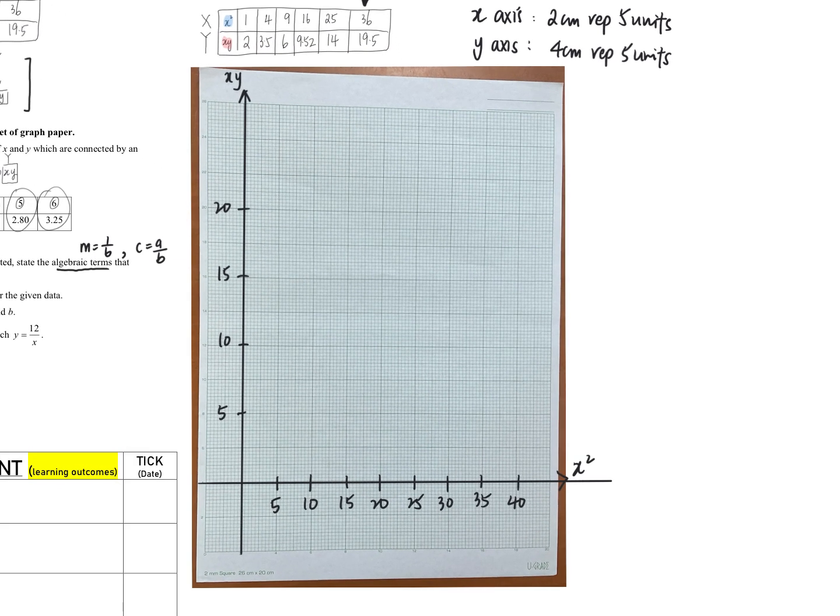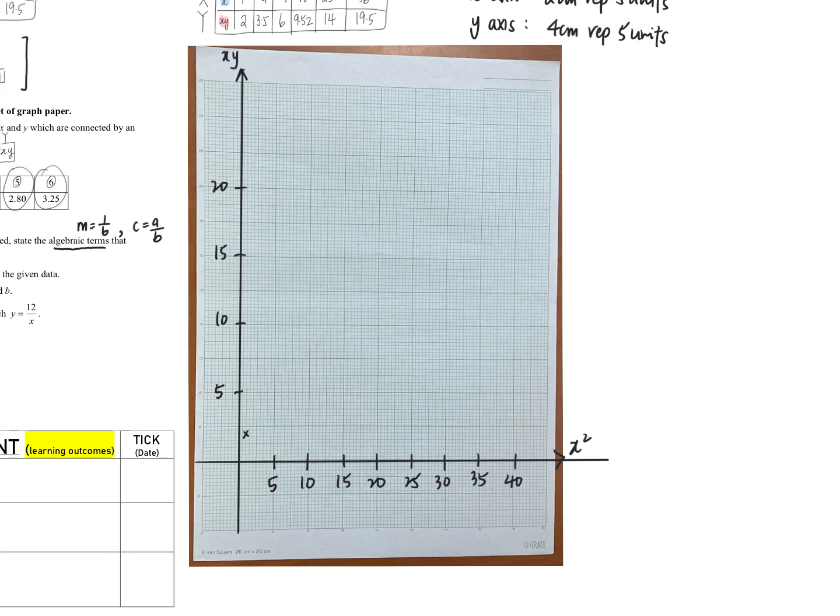Then I will start plotting my points. The first one is 1 and 2. So every 4 boxes is 1 for the vertical one. So I go 8 boxes here. So how to decide? 5 units divided by 10, so each box is 0.1.